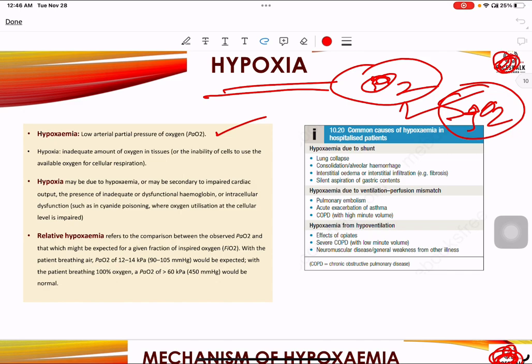So relative hypoxia means the patient has good inspired oxygen, but there is hypoxia in the blood. The fraction of inspired oxygen is normal, so that is called relative hypoxia.